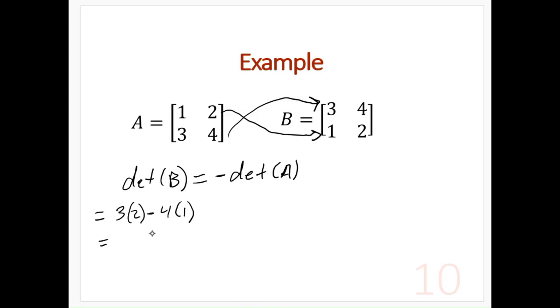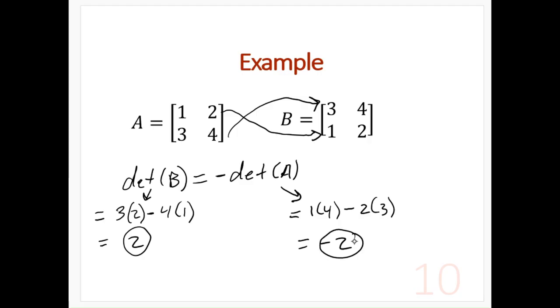All of this equals 6 minus 4. That's going to equal 2 for determinant B. For determinant A, we're going to have 1 times 4 minus 2 times 3. What is that? 4 minus 6? That equals negative 2. So lo and behold, that relationship holds up.